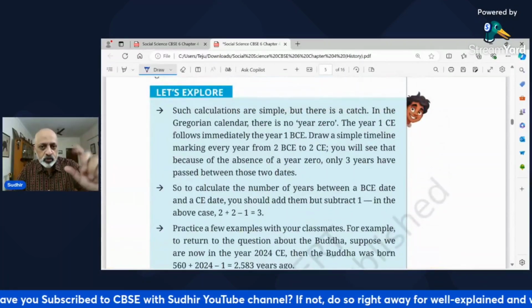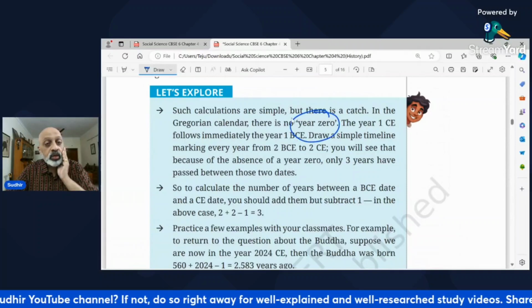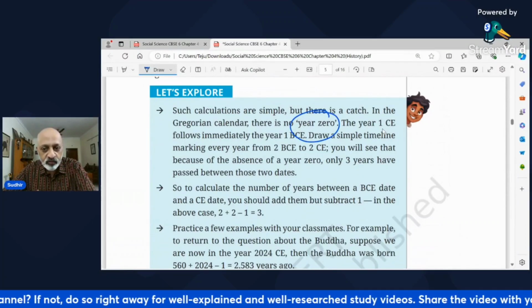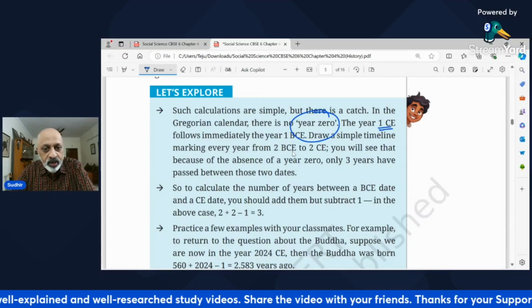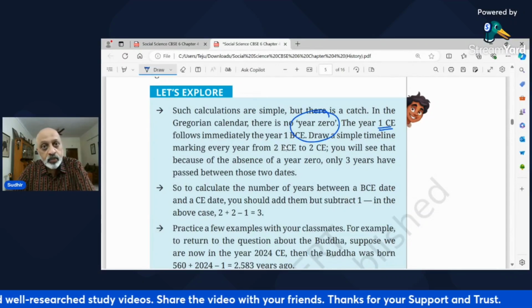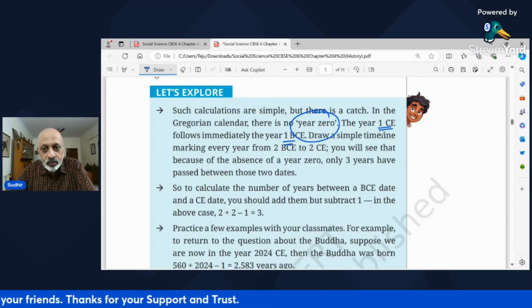Now, if you see in the Gregorian calendar, this is an interesting thing, that there is no 0 year. That is, the first year after Christ began immediately after the last year before Christ. So you have 1 before Christ, there is no 0, and immediately there is 1.